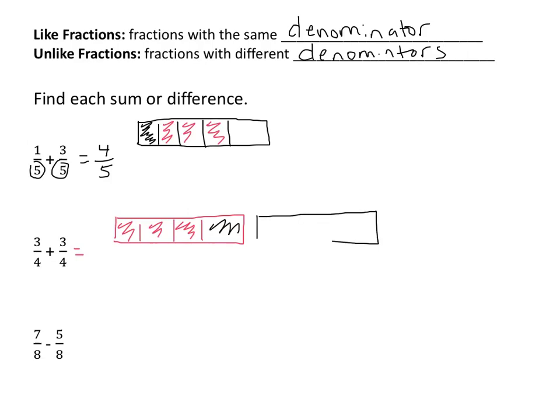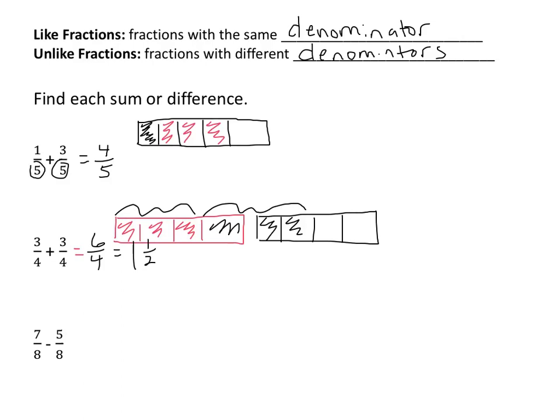So really I need another whole. And I'm going to color 2 more to make it 3/4. So here I have 3/4. Here I have 3/4. So I have a total of 6/4. Or if we look at another way, I have 1 and an additional half colored in.